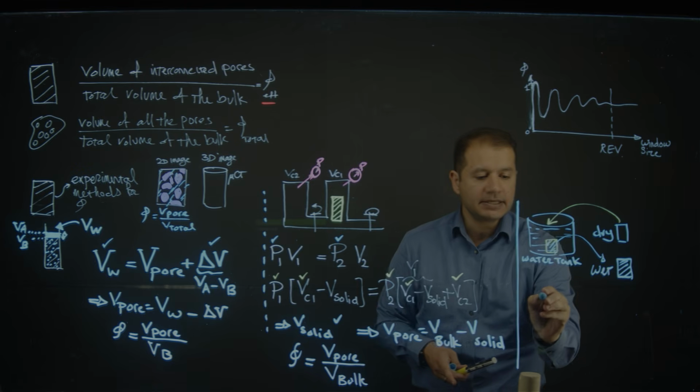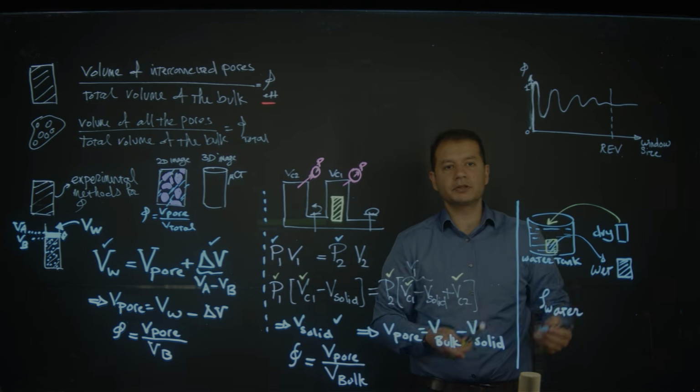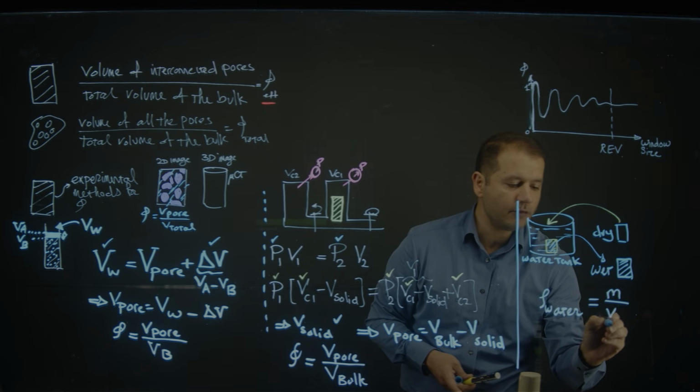And if I know the density of water, then I know the volume of water that is there, because density is mass divided by volume.